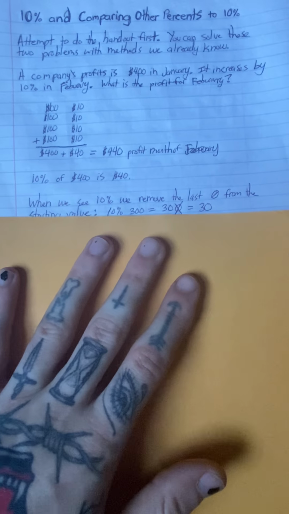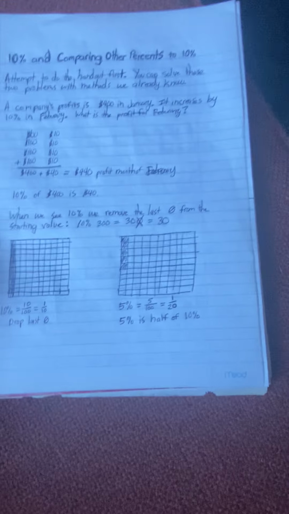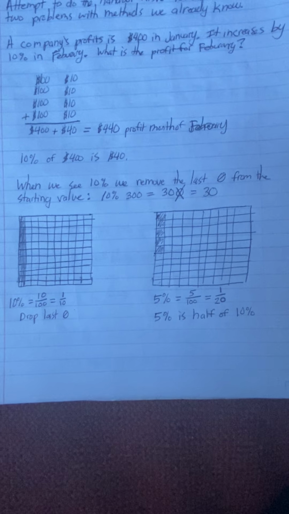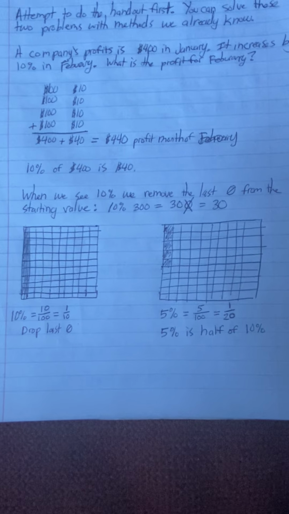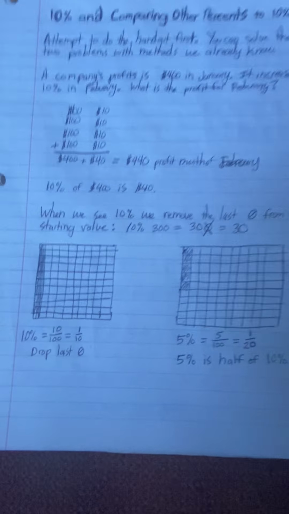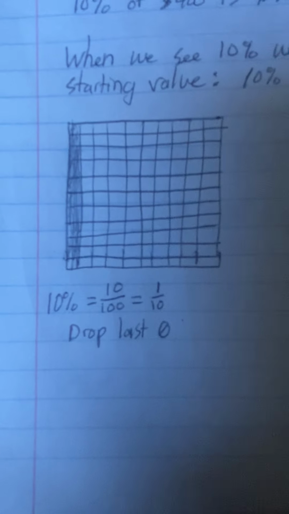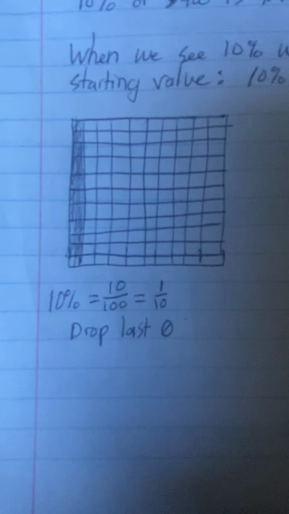Now on the back of this sheet, you should see more of these figures, okay? These 10 by 10 grids, we saw them in our first percent lesson. So I want you now to fill in the first one for 10%. Just fill in the first column, or fill in any 10 you want.